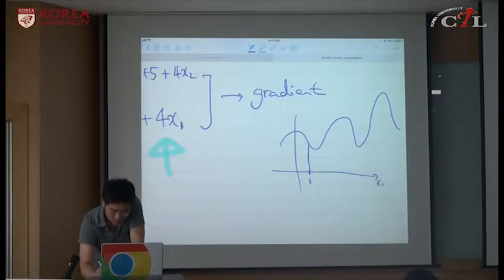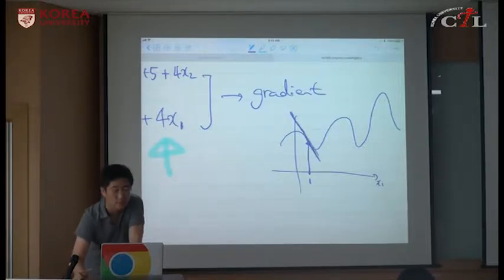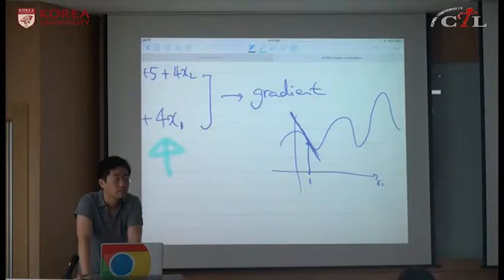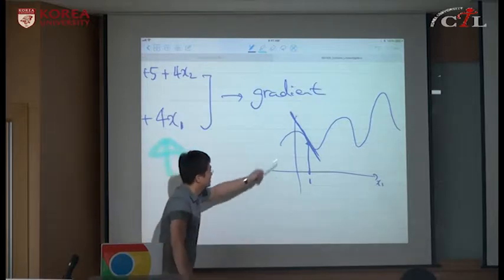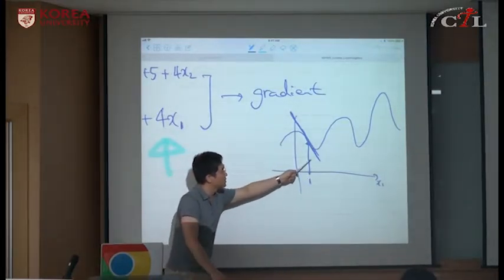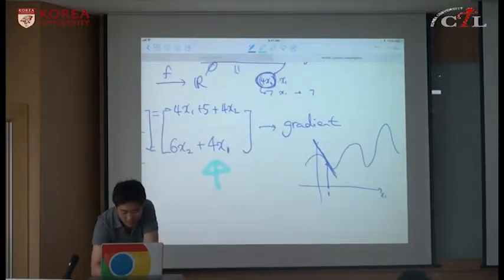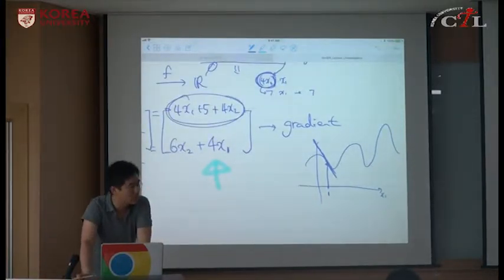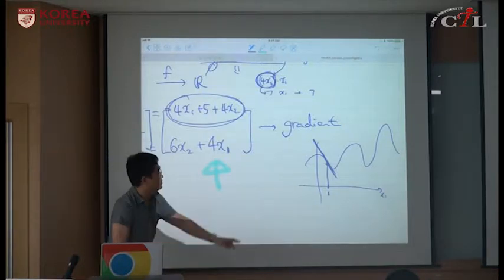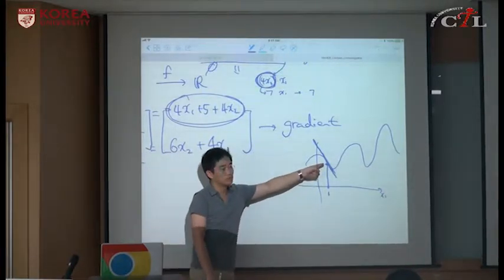At this point, we can think of the slope of this tangent line, right? Basically the derivative or differentiation will give you the slope of this tangent line like this, right? And so once we compute this guy, the partial derivative with respect to the first variable, that value will give you the slope at this point, right?